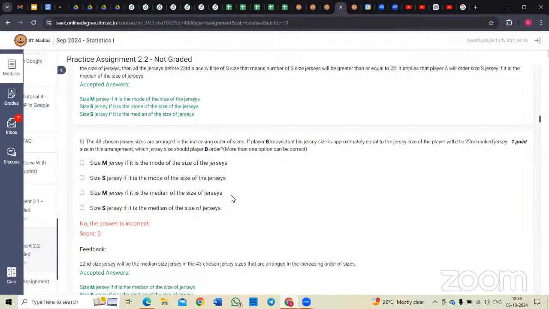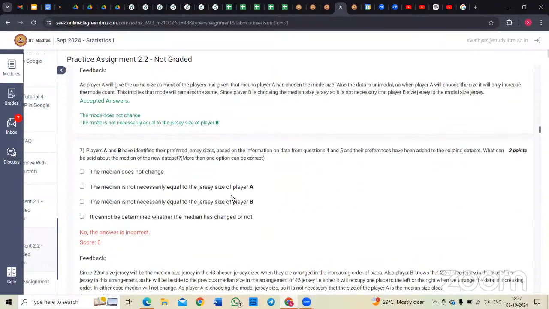So option A and B will be discarded. We will not be considering them because they are talking about mode. So the rest of the options, C and D, will be correct. Like M can be the median or S can be the median, right? So he would be choosing M or S. Got it? Okay, ma'am.